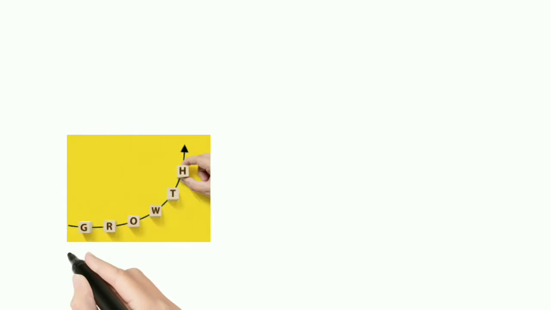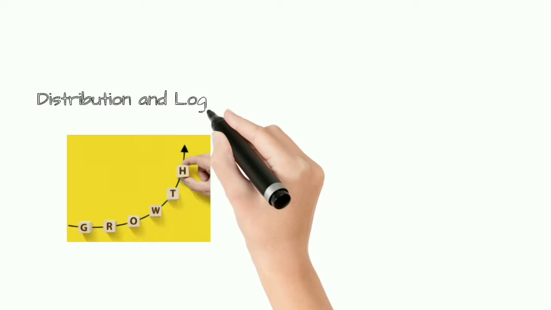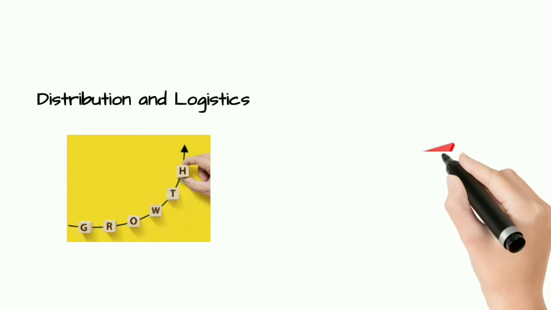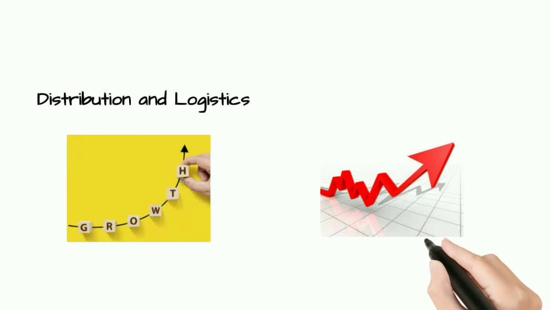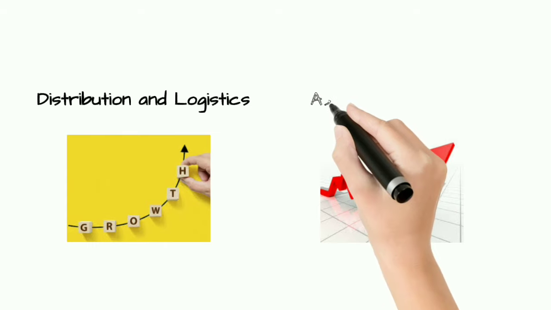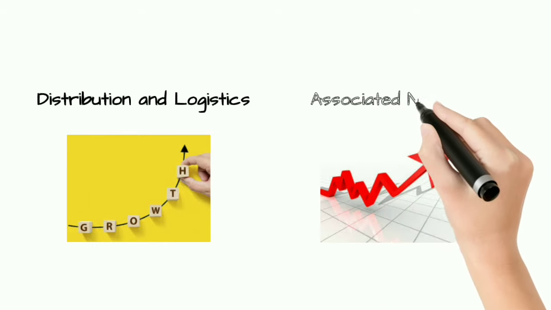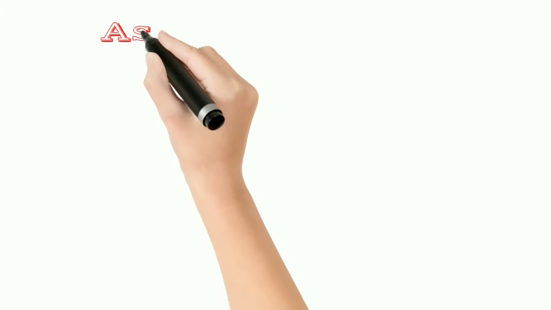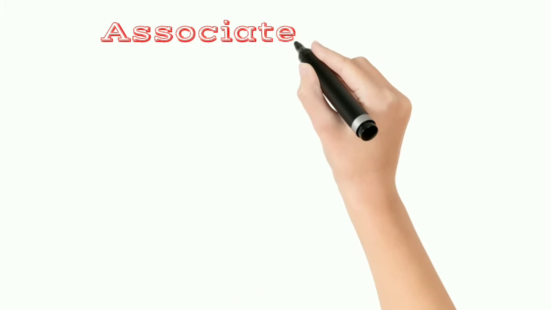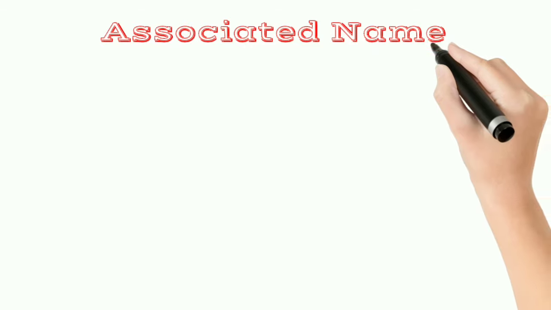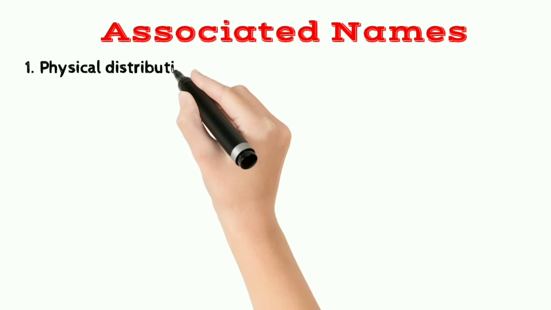Kasabay ng pag-unlad ng distribution and logistics ay siyang pagdami din ng associated names at iba't ibang definitions na ginagamit sa distribution and logistics. And what are these different names? First is the physical distribution.